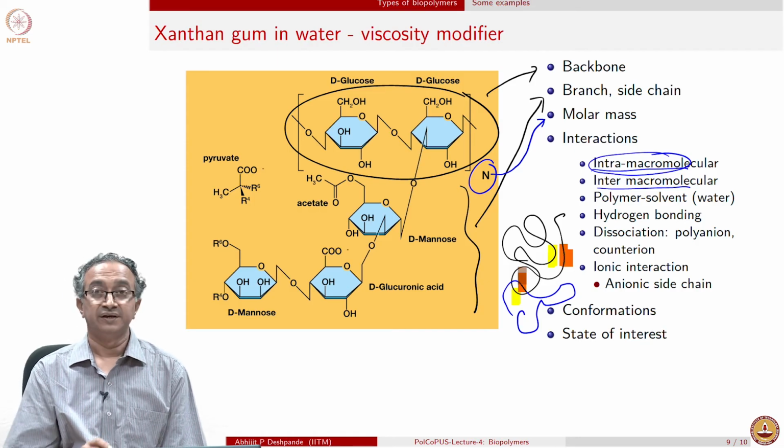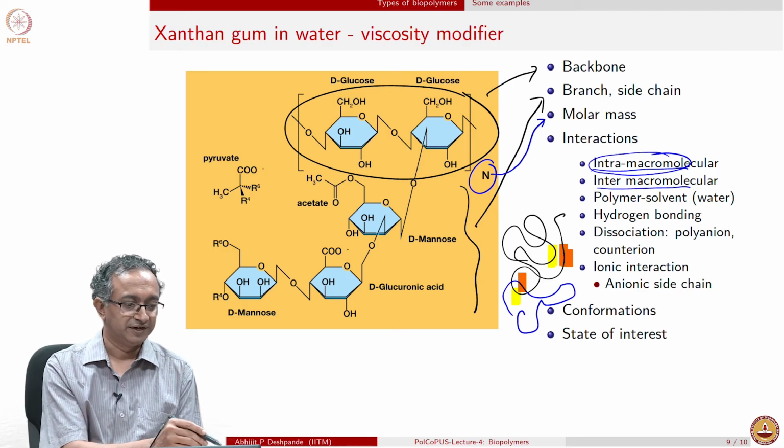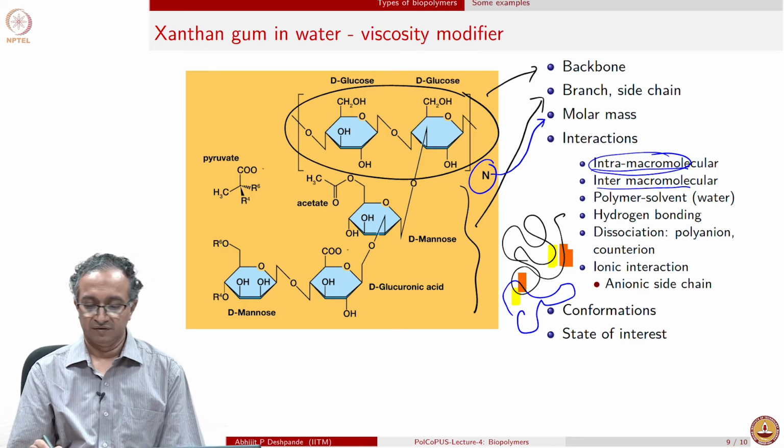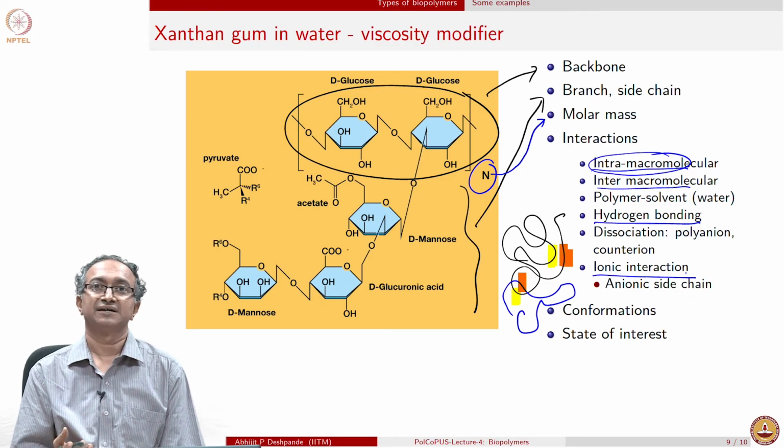So, in this case, all the interactions that are possible that we have talked about, for example, hydrogen bonding or ionic interactions, they are all possible between two xanthan gum molecules or within one xanthan gum macromolecule.